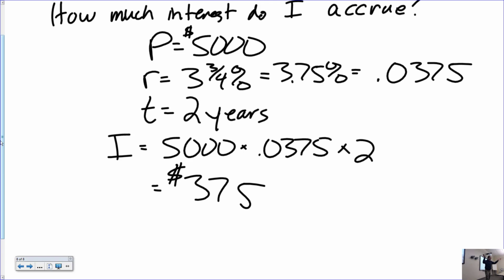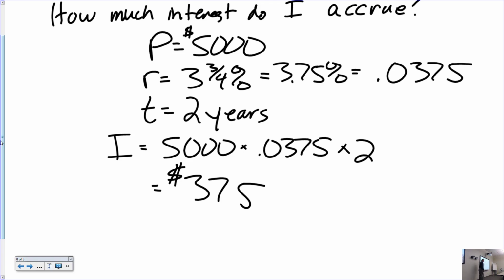Simple. And hence, now you know why it is simple interest. All right? And unfortunately, yes, it does get more complicated. But this is really what you're trying to do.